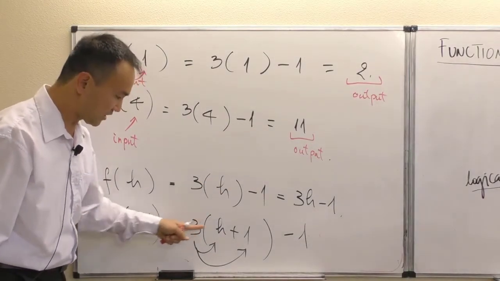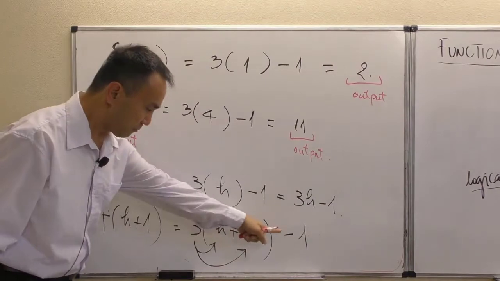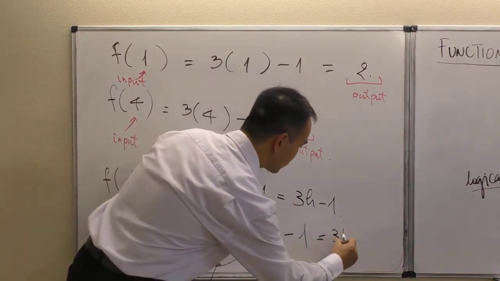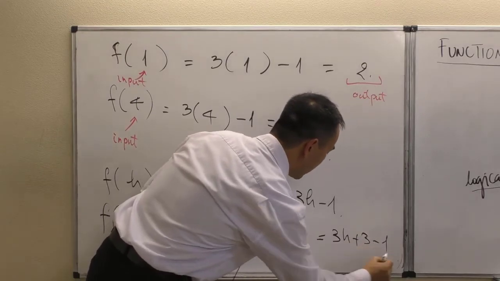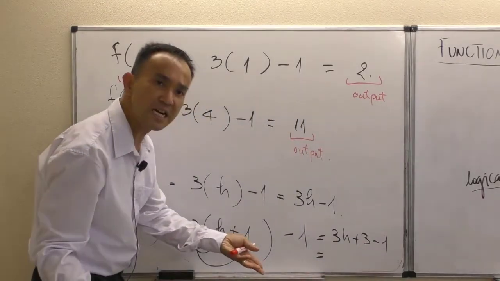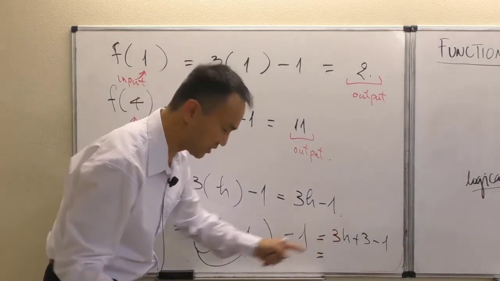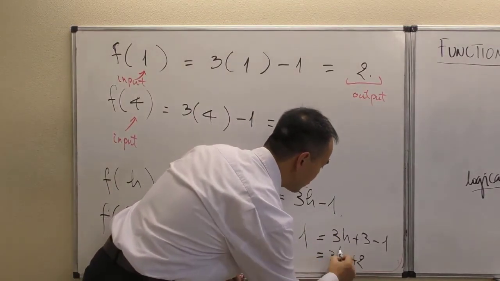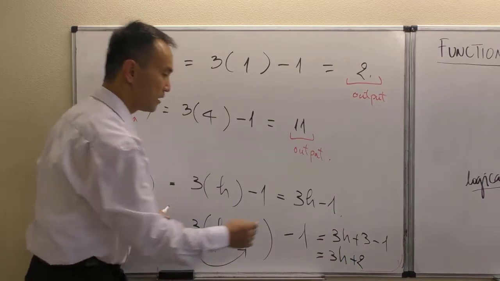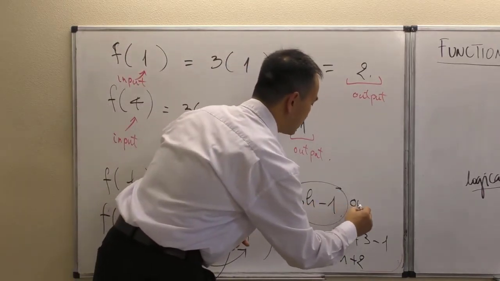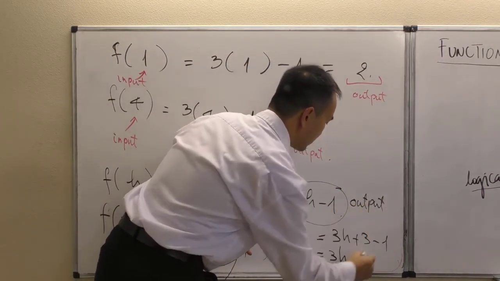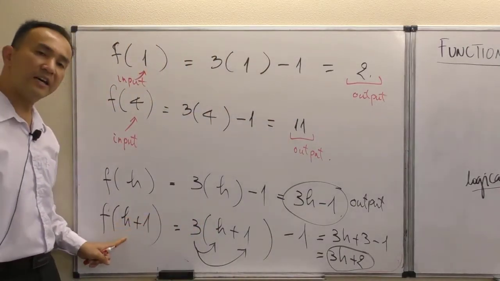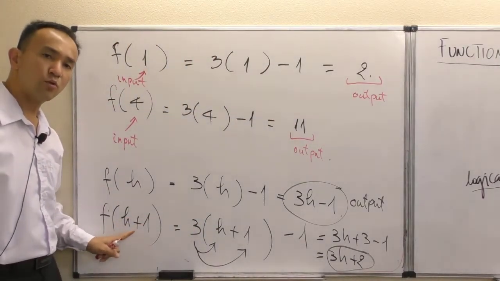So 3 times h, 3 times 1, minus 1. So all together, distributive law says we have 3h plus 3 minus 1, and all together we end up with another expression in terms of h, 3h plus 2. So this is output, and this is also another final output based on the given input, h plus 1.